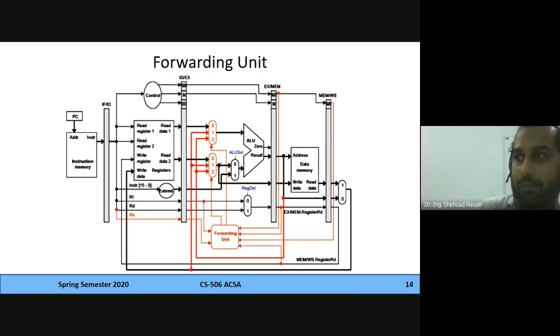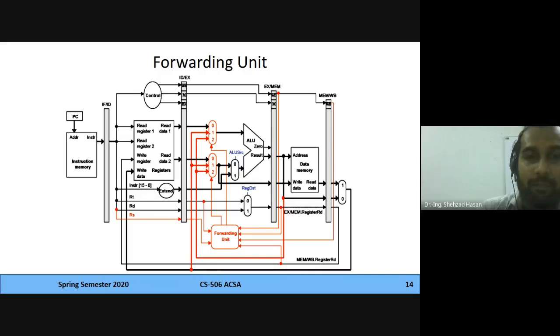This forwarding unit also has some inputs coming in from other registers. That is an important thing which we have not yet discussed.